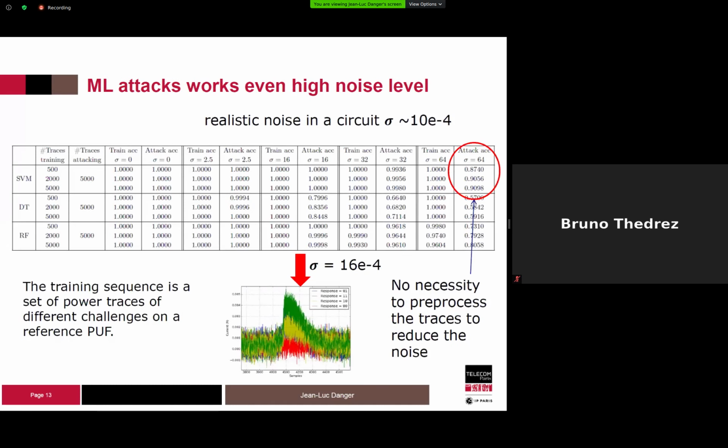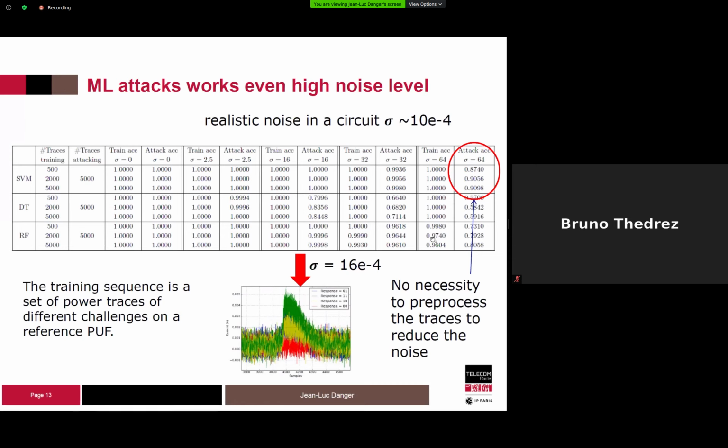Now we run machine learning attacks to recognize the PUF response. We first have to train on a reference PUF, in order to classify with a supervised machine learning algorithm whether the response is 0 or 1. Then you attack an unknown PUF in order to know if the response is 0 or 1.